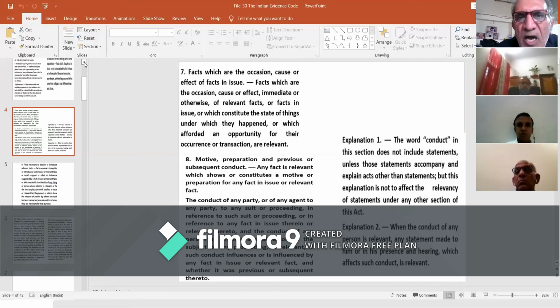Facts which are number one, occasion, number two, cause, number three, effect. This occasion, cause, and effect may be immediate or otherwise. So it is not necessary that this occasion, cause, or effect shall be immediate. It may be remote or otherwise, comma, of what? Of relevant facts.